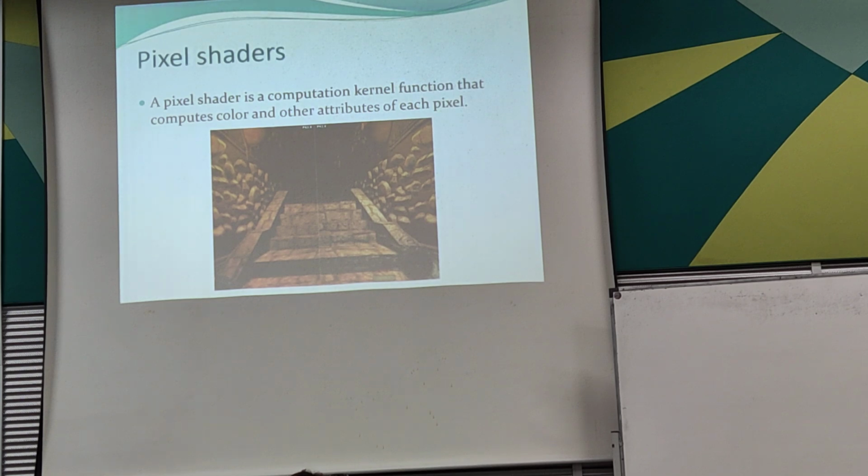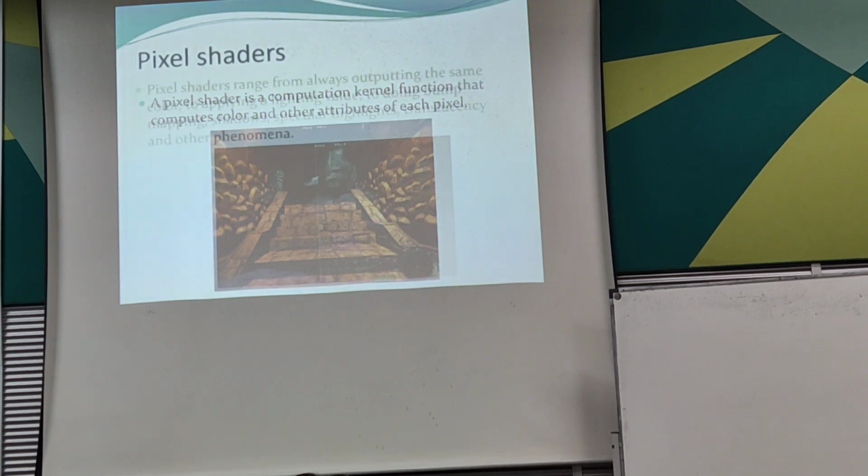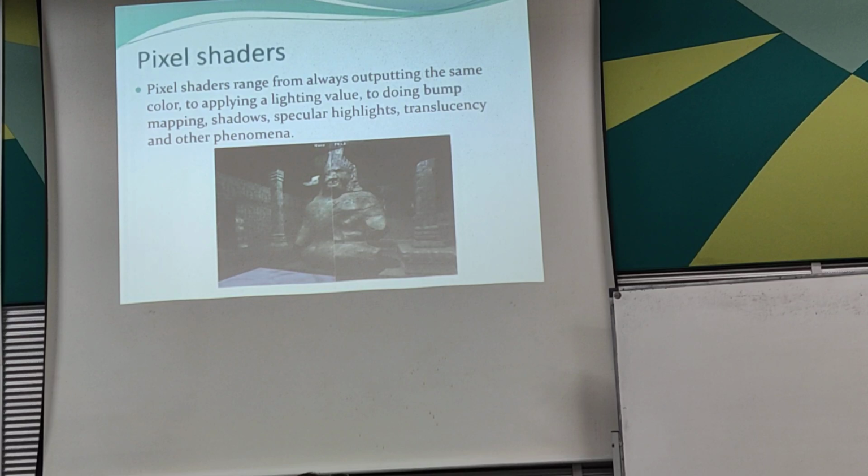So we just do the computation of the colors and other attributes of each pixel, so that you can see that effect. What algorithm or formula to calculate with, you can code using your shader language.